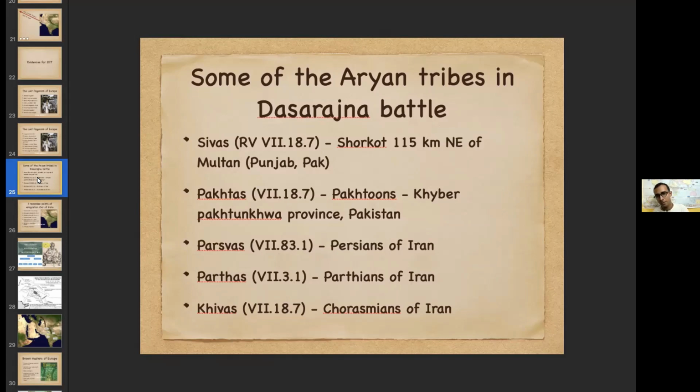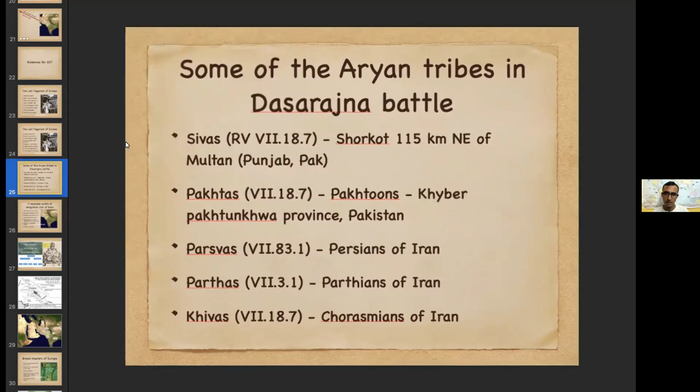The Shiva people are actually from the Shibi. You would have heard about Shibi Chakravarti. Shibi and Shiva people are located in Punjab, and today their region is at Shorkot, northeast of Multan, Pakistan. The Paktas are Pakhtuns, mentioned in the Rigveda. Pashtuns are around Khyber Pakhtunkhwa province in Pakistan. The Pashwas are mentioned in this particular book of the Rigveda, who are eventually known as the Persians of Iran.